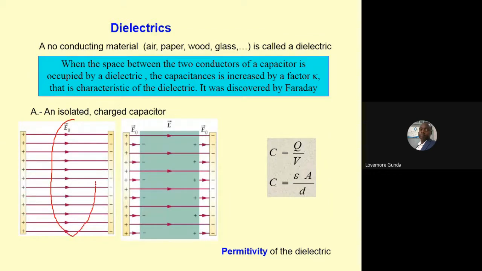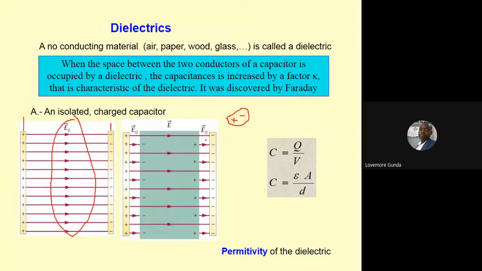So with this capacitor, which is not charged, we have its positive plate and its negative plate at that point. But then when it becomes charged, the dielectric material has two types of charges within it.